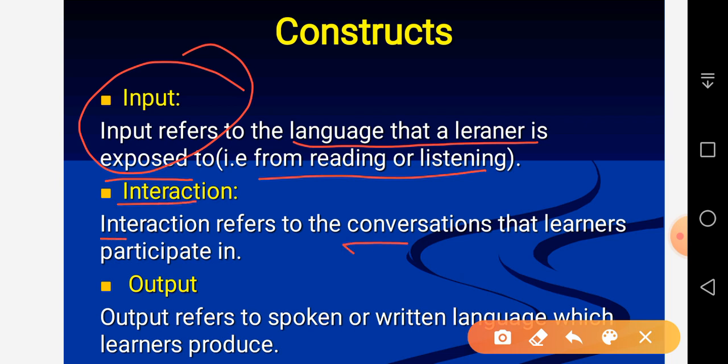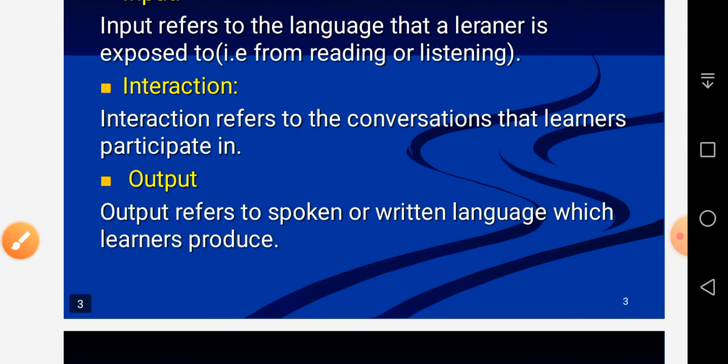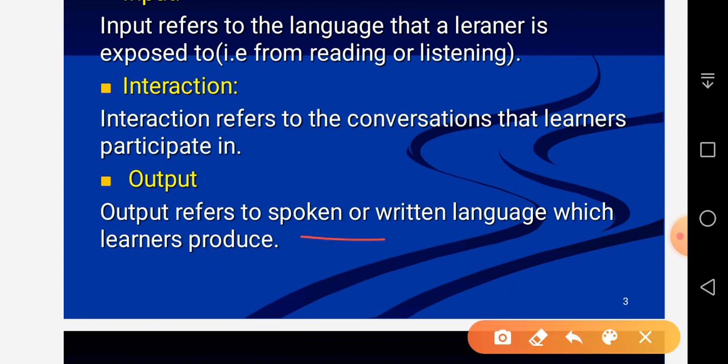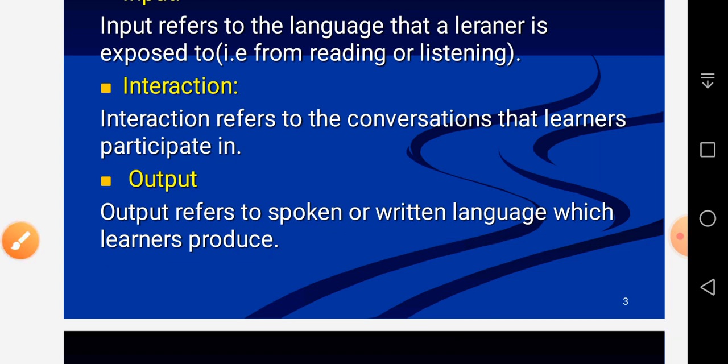Interaction refers to the conversations that learners participate in. So this theory says that you will learn a language when you participate in conversations, in social interactions. Okay, and what is output? Output means the spoken or written language which learners produce. If they are receiving reading input, they will write very good language, and if they are receiving a lot of input in the form of listening, they will be able to produce it.